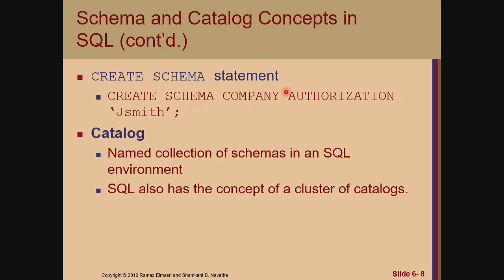A CREATE SCHEMA statement looks like this one: CREATE SCHEMA COMPANY AUTHORIZATION JSMITH. This is an example of create schema. And a catalog is a named collection of schemas in an SQL environment. SQL also has the concept of a cluster of catalogs. Okay, this is just a collection of schemas.